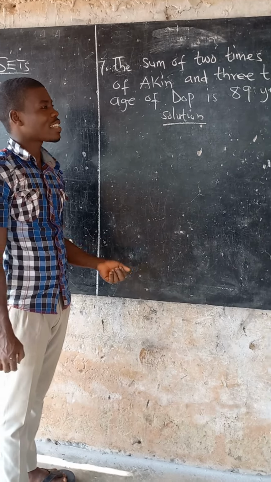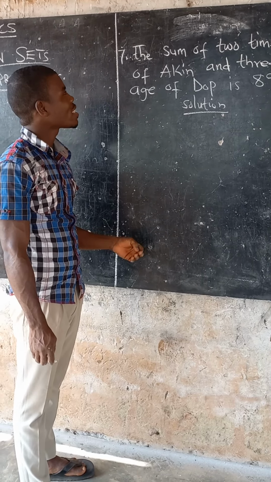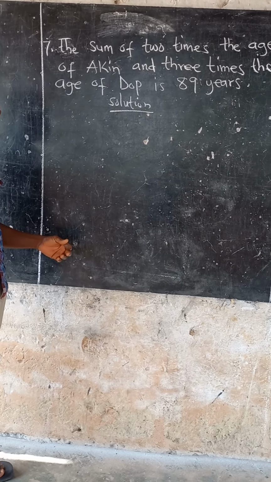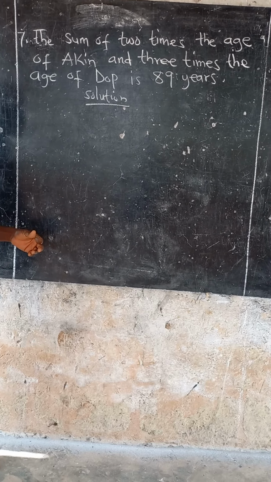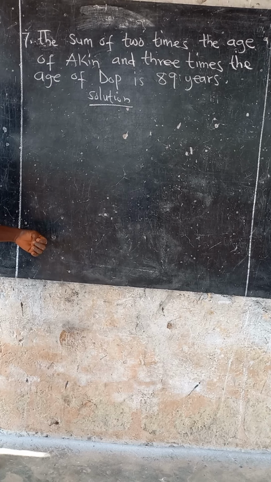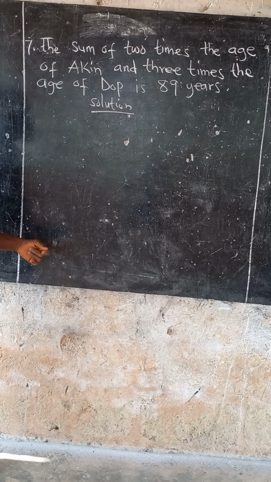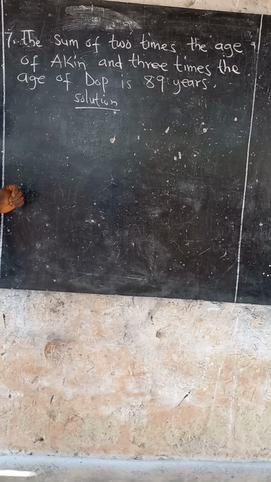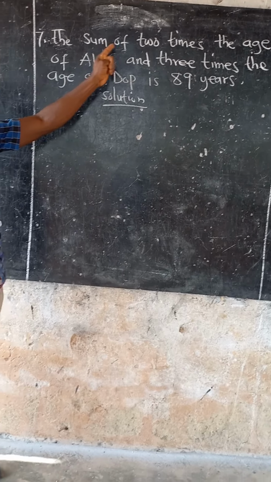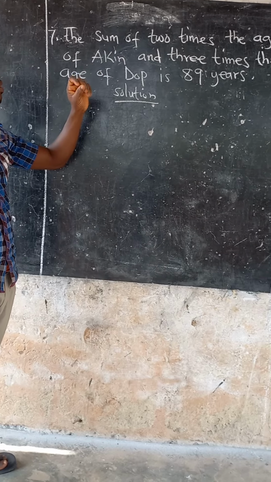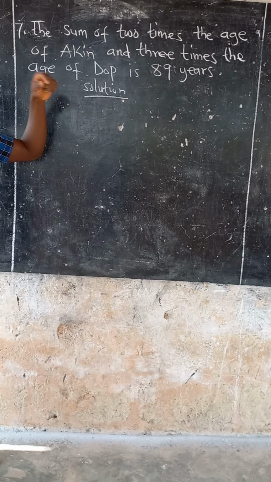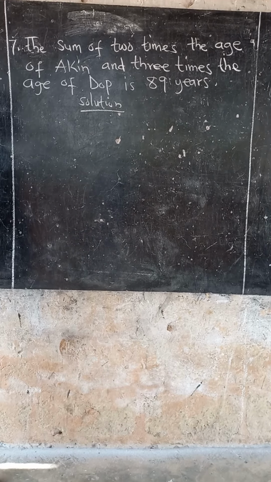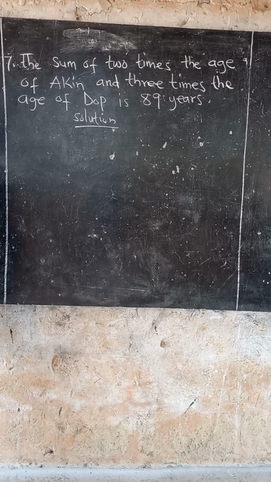Okay, let's look at example number 7. It's saying that the sum of 2 times the age of Hakim and 3 times the age of Du is 89 years. This question is also in 3 parts. 2 times the age of Hakim, and then 3 times the age of Du is what? The last part is what? 89 years.